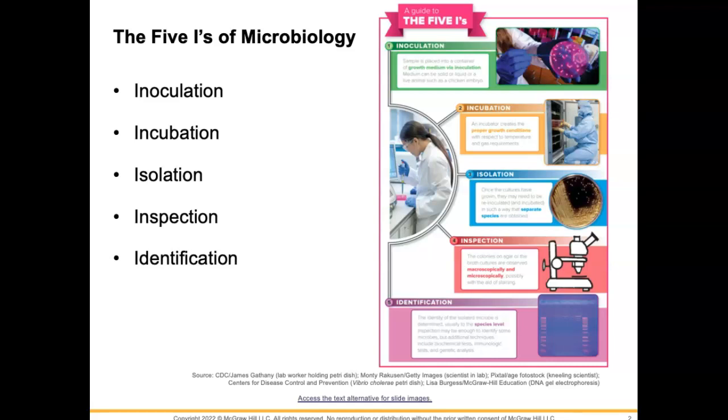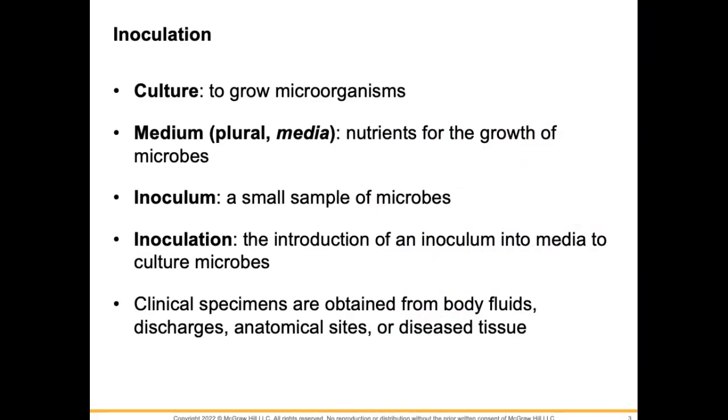And then once we are able to isolate, we're going to inspect those isolated colonies on the plates and then also identify by what we see. And also sometimes we'll do additional testing to verify.